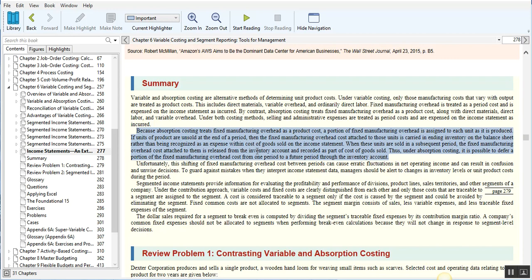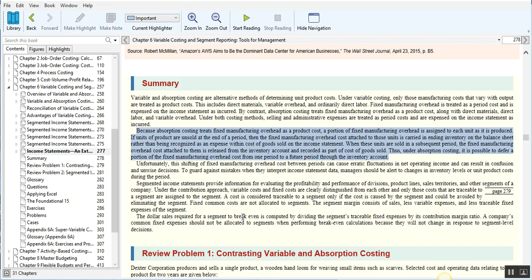You see this summary here at the end. And it basically says here, this highlighted section, because absorption costing treats fixed overhead as a product cost, a portion of the fixed overhead is assigned to each unit as it is produced.